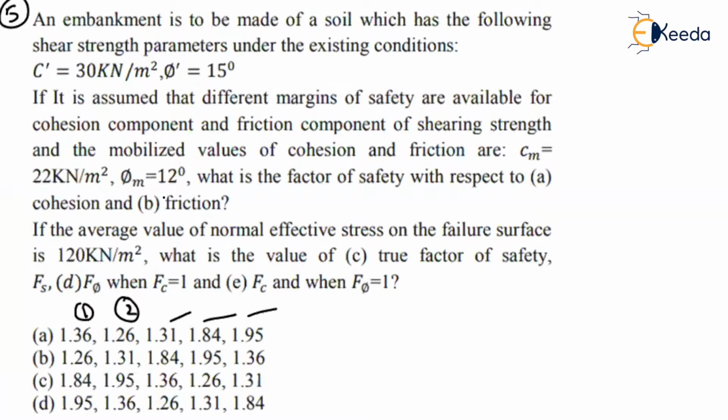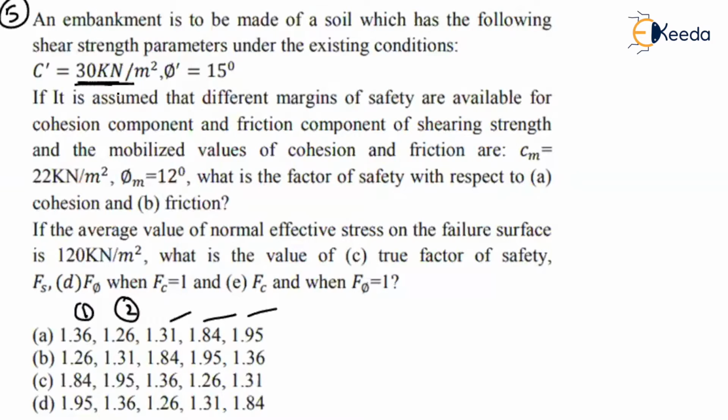What does it mean? Even though the soil has 30 kilonewton per meter square, we don't utilize it completely. Why? Because if we utilize it completely, some unexpected scenarios may arise, and there may be a chance that the soil will fail. So that's why we use some factor of safety.